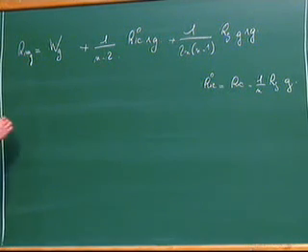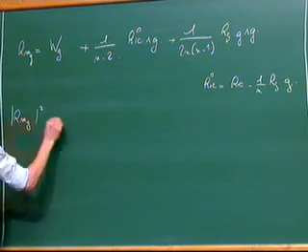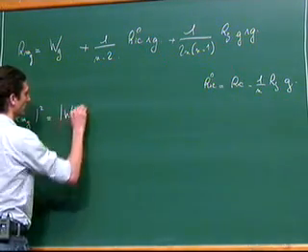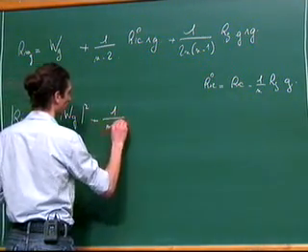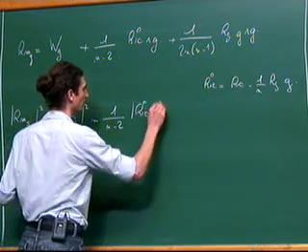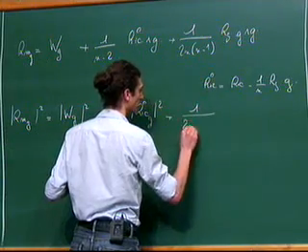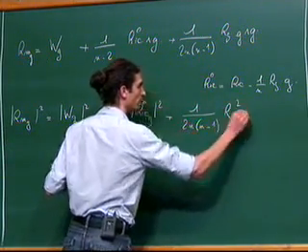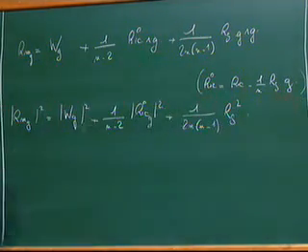So you can write the norm of it as this: the norm of the Weyl part, plus the traceless Ricci tensor, plus 1 over 2n(n minus 1) scalar curvature squared.